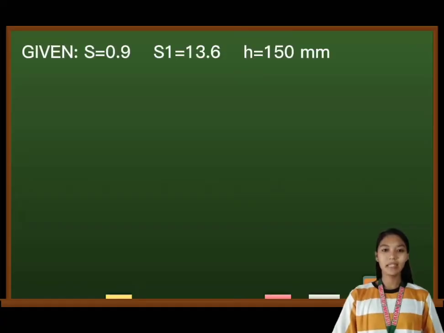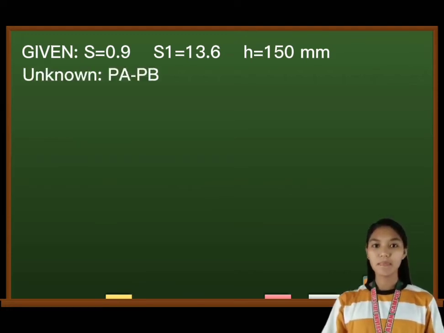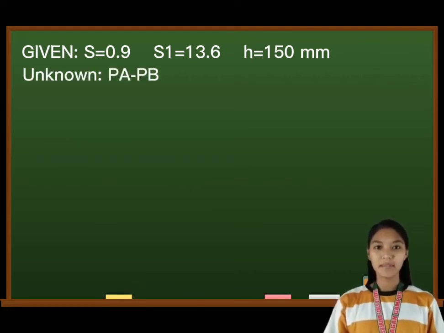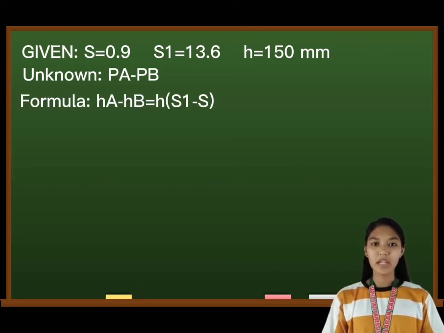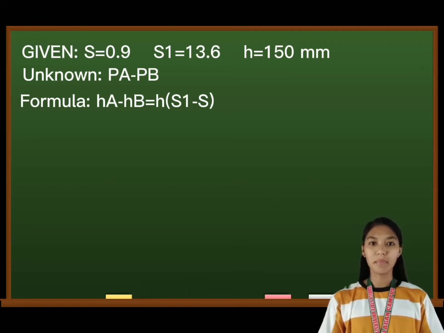Our given here in problem 1 is the specific gravity of oil, which is 0.9, our manometric liquid, which is 13.6, and our distance of mercury level, which is 150 millimeter. So the unknown is PA minus PB. The formula is HA minus HB is equal to H times the quantity of S1 minus S.